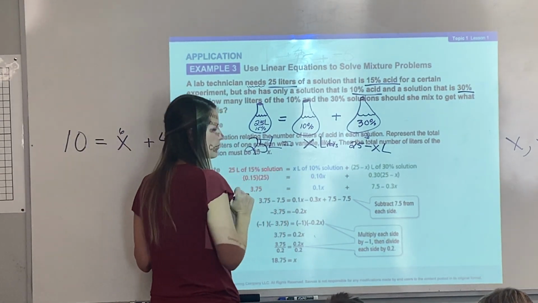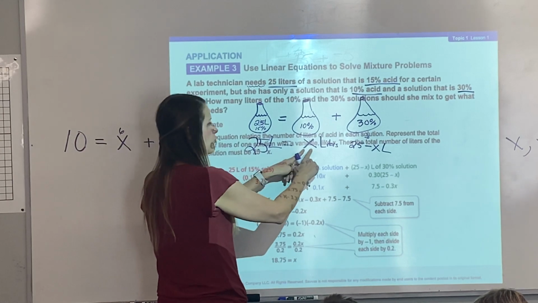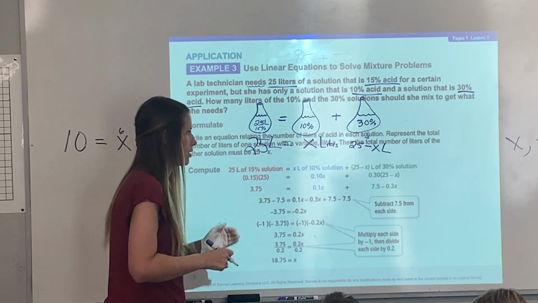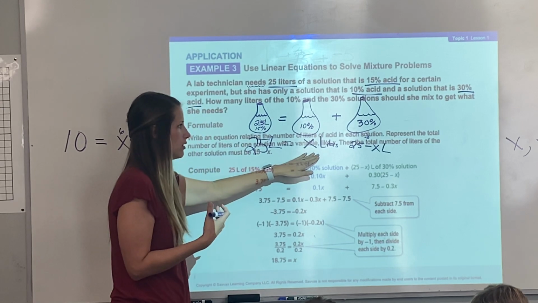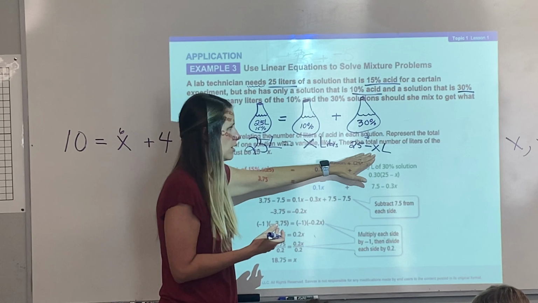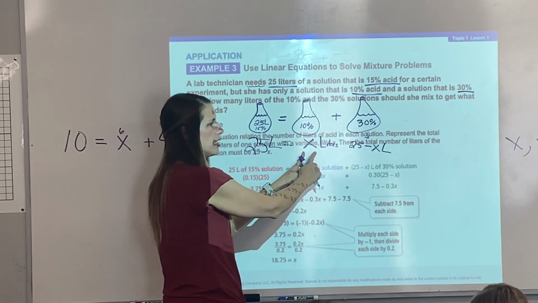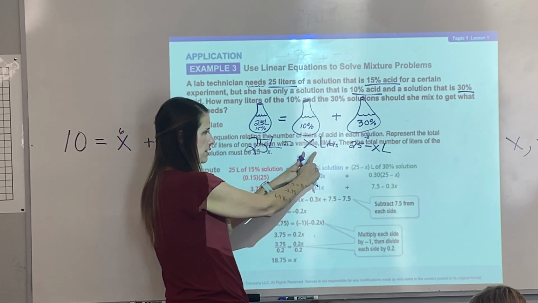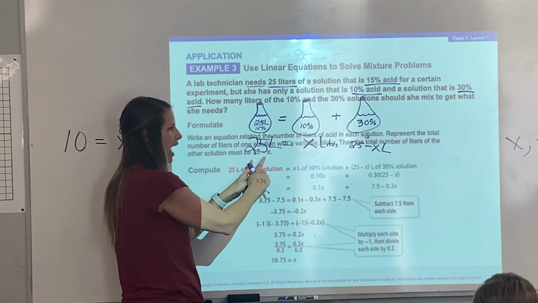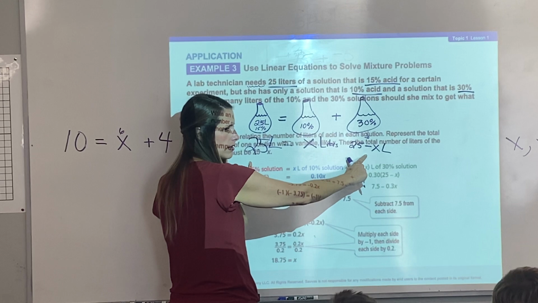So if this represents some missing amount of liters, like 2, or 20, or 9, anything, the rest would be here. You would just take whatever this number of liters is, and subtract it from 25 to get the rest.